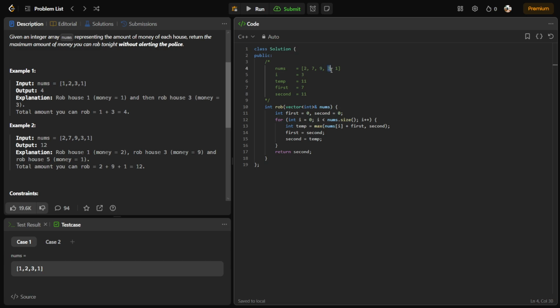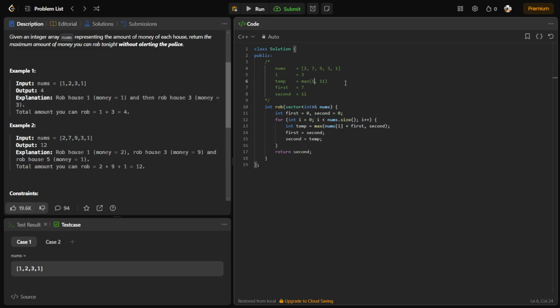Now we're looking at this house, 3. So we're looking at whether we want to get 3 plus 7 or 9 plus 2. So temp again is the maximum of 3 plus 7 compared with 9 plus 2, which is 11, stored in our second.